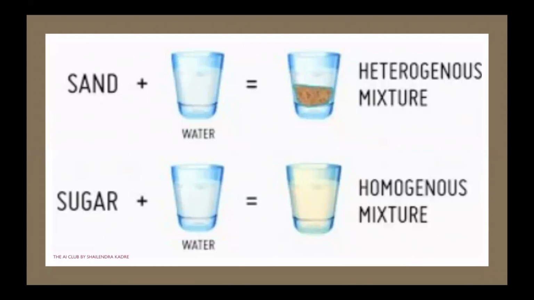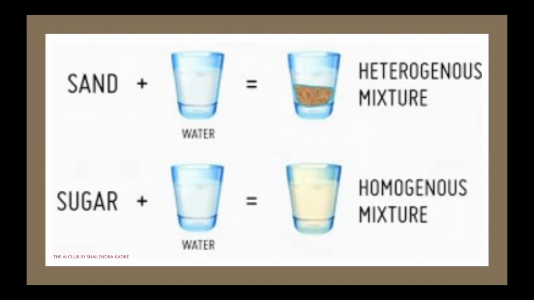So just to stress on the idea of heterogeneous and homogeneous mixture, here you can see some sand and water mixture, and definitely you can see that the sand and water are not in equal proportion. And in the sugar and water, this is a homogeneous mixture where water can be seen clearly in the glass.